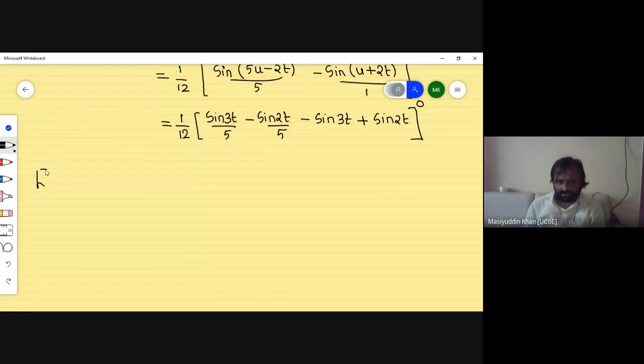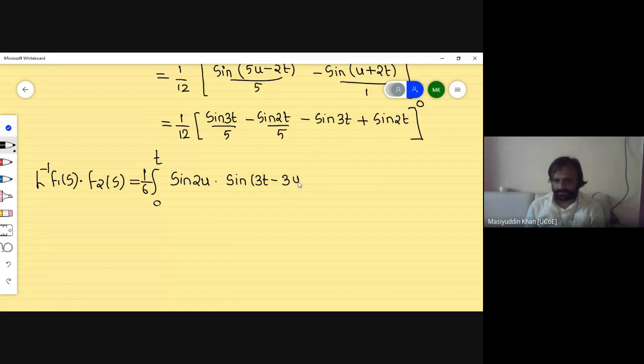So Laplace inverse of f1 of s into f2 of s, that is integral 0 to t, 1 by 6 outside, sine of 2u into sine of 3t minus 3u, because it is 3 into t minus u, into du. Again, we have to multiply and divide by 2 here. So 1 by 12 as it is. Same formula we have to apply because both the terms are sine terms.